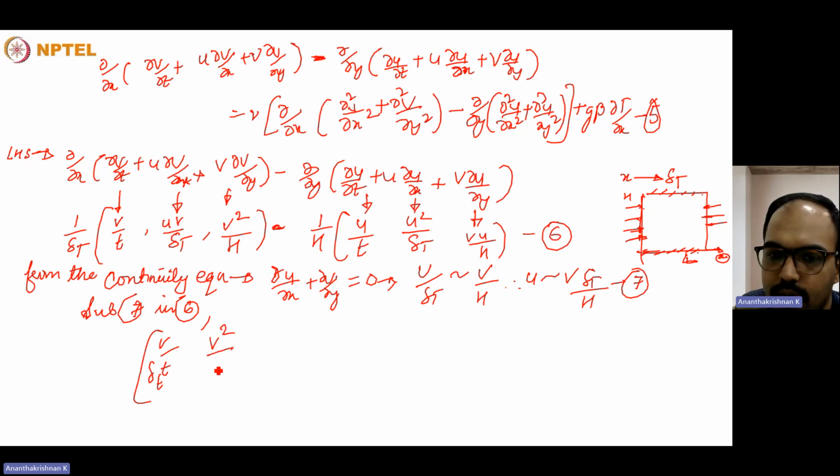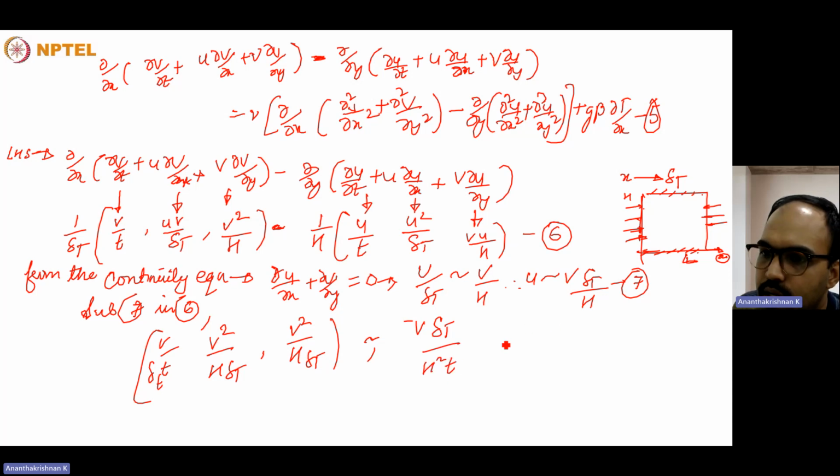So it will become H delta T, and then V squared divided by H delta T. This will be V delta T divided by H. So it will be H squared T, and then V squared delta T. U squared can be written as V squared delta T squared divided by H squared. So it will be H cube, and then V squared delta T divided by H cube.